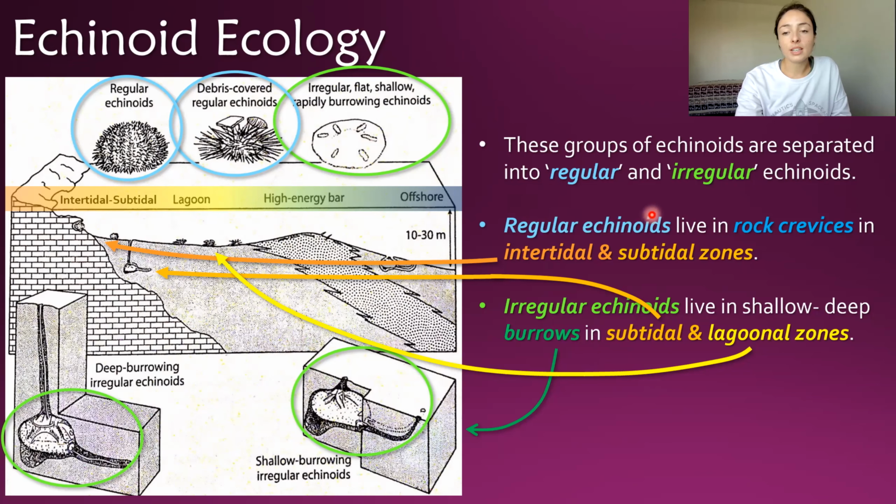Basically, regular echinoids live in rock crevices in the intertidal and subtidal zones, as shown up here further inshore, and the irregular or flatter echinoids, like sand dollars, live in shallow to deep burrows, as shown here in these burrowing images at the bottom, and they live in subtidal to lagoonal areas, so a little bit deeper in the lagoonal subtidal area, as we can see in this burrowed echinoid here.